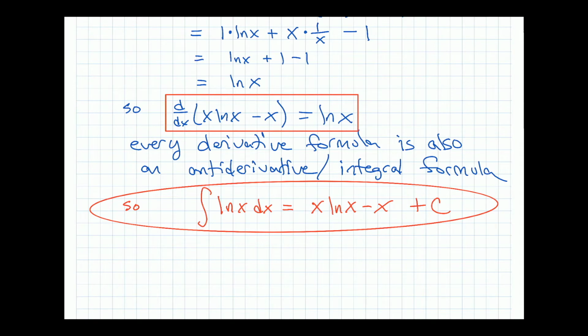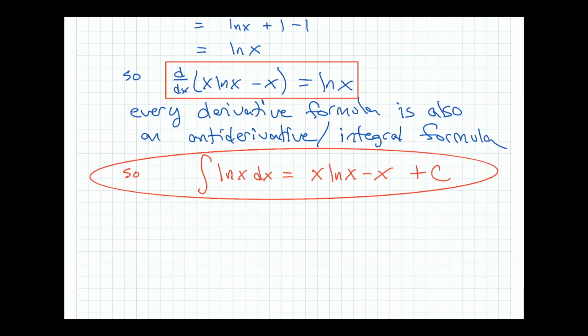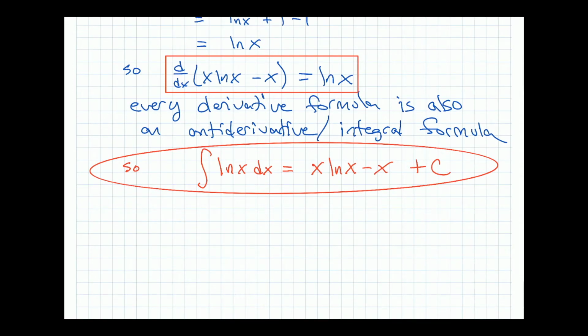Now, most of the logs that you're going to see are probably not going to be natural logs. So then the question is, how does this formula change? And so the way it changes is if you have an integral of a log base a of x dx, it's going to be basically the exact same formula, x ln x minus x.